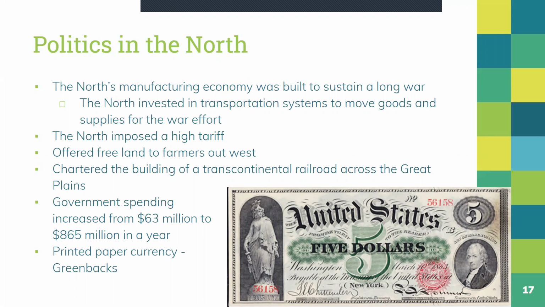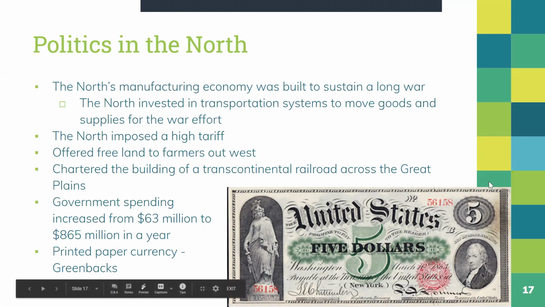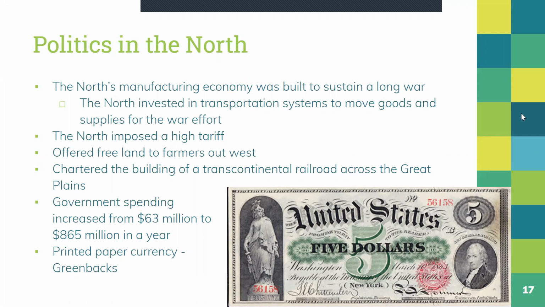They did print some paper currency called greenbacks that anyone in the whole country could use, which is very different. Before this time period, you might have different paper money based on what state you live in, or a bank might print their own money. In this case, these greenbacks that the national government is creating, everyone has to accept it, no matter where you are in the country.